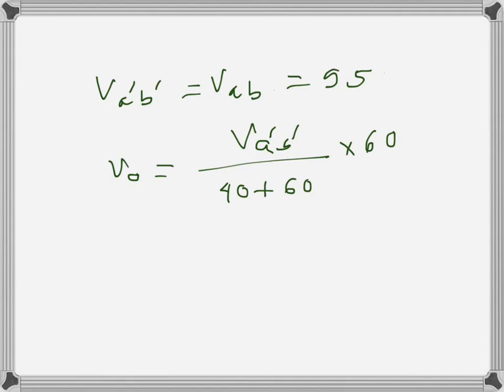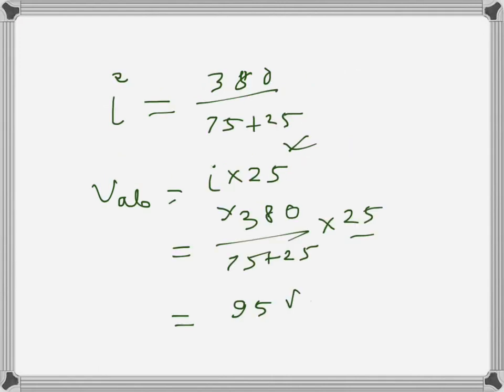Now here again, even before, we didn't need to convert this into ohms, because this is a ratio: resistance divided by resistance. Even if we keep both in kilo ohms, it will be okay, because the unit gets cancelled. 25,000 divided by 100,000 or 25 divided by 100 is the same.